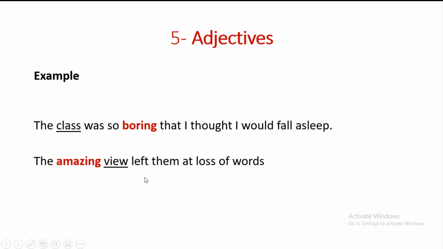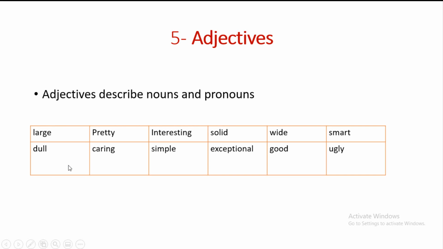The amazing view left them at a loss for words. Okay? Here, amazing describes view, and view is a noun. All right? So amazing is an adjective. So this is the fifth part of speech that is tested on the SAT.